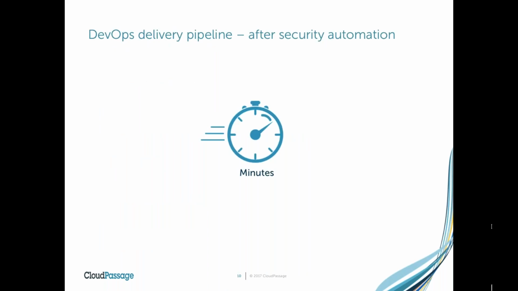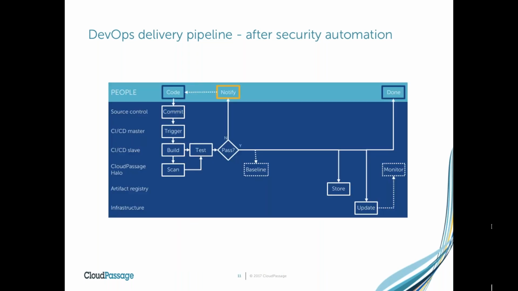We've had customers note that this process has really enabled them to take patching critical vulnerabilities from hours or days down to minutes with an auditable record of that. So what we're looking at here is, for example, writing the code, going through, triggering that.